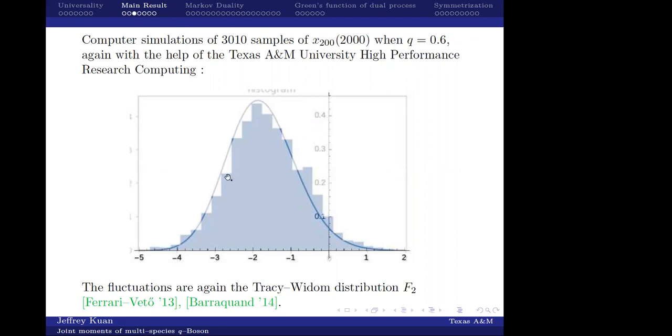This is what you get after you do the rescaling. So there is some mean, and you want to see the fluctuations around it? That's right. No, time is 2000, and you're looking at the position of the 200th rightmost particle in q-TASEP. I see. Okay. Thank you.